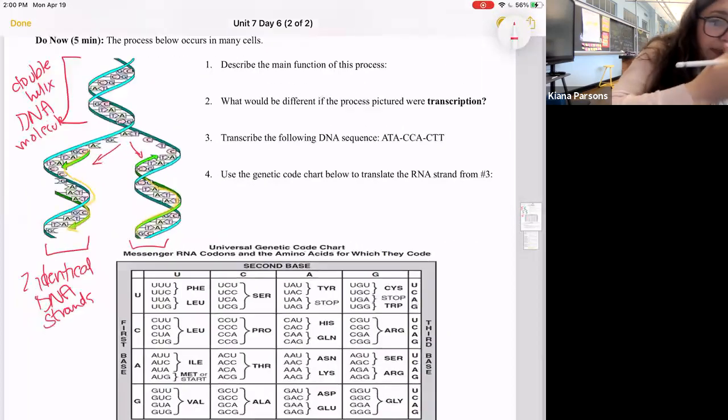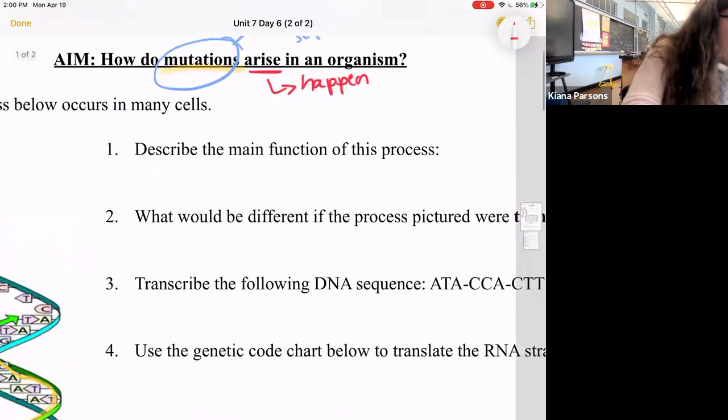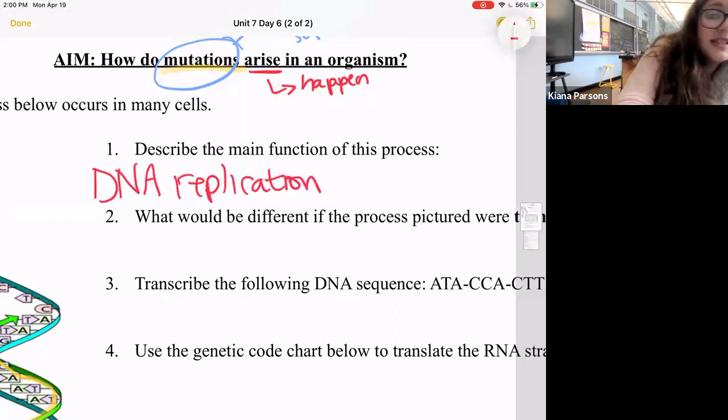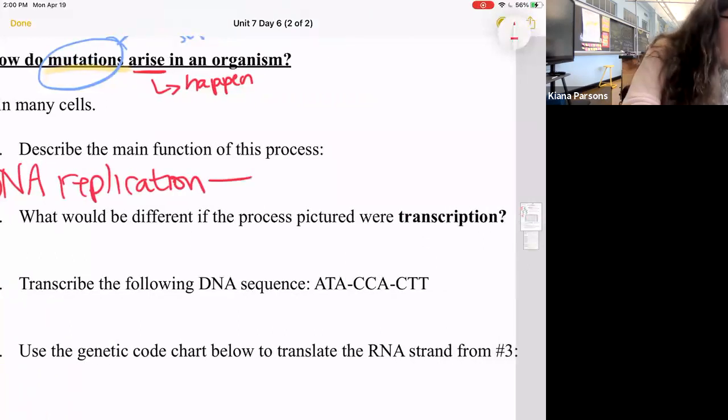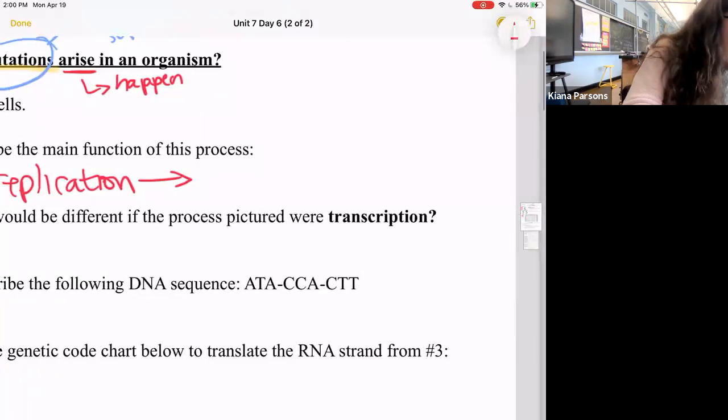So what is the main function of this process? Well, this process is DNA replication. We're copying DNA, and this is the first step of mitosis. The main function of this process is to make more identical cells.